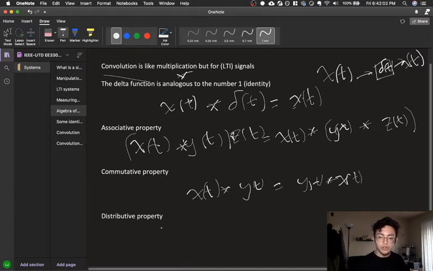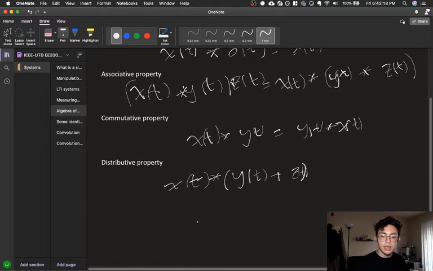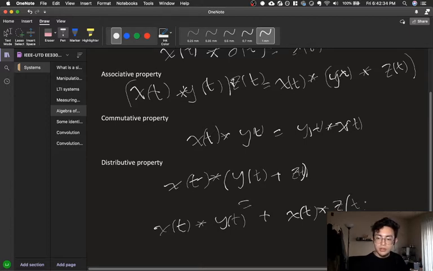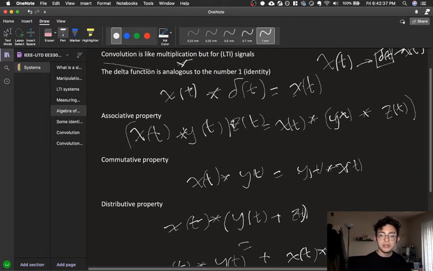And we can also distribute these convolutions. x of t convolved with y of t plus z of t is the same thing as convolving x and y, and then also adding the convolution of x of t with z.